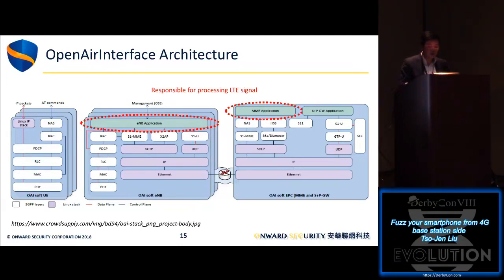The RRC performs functions like broadcast and connection management, and the NAS in the MME performs non-radio signaling between the device and the EPC. You can find all the different layers implemented by OpenAirInterface.